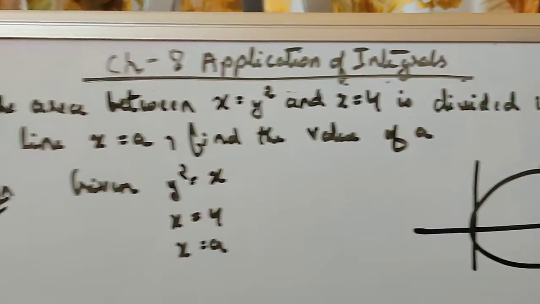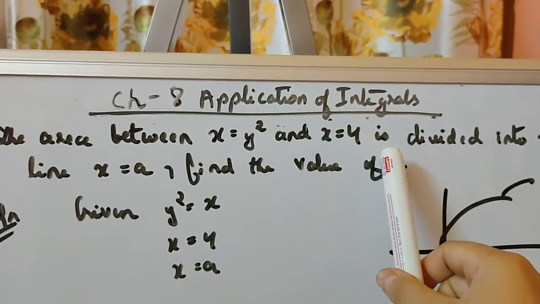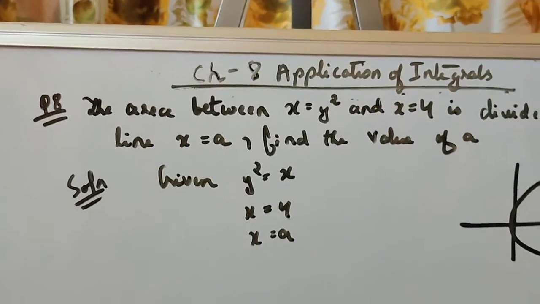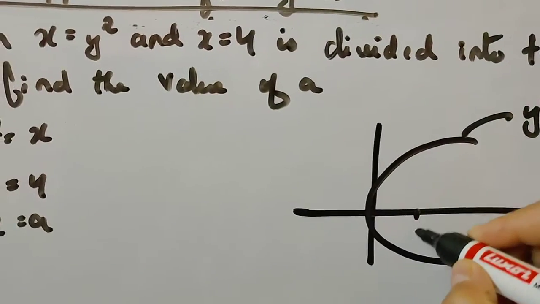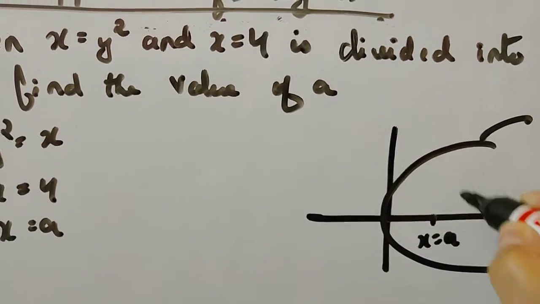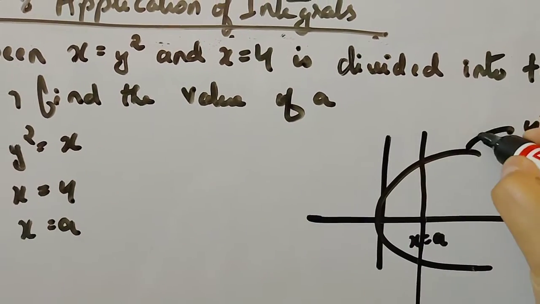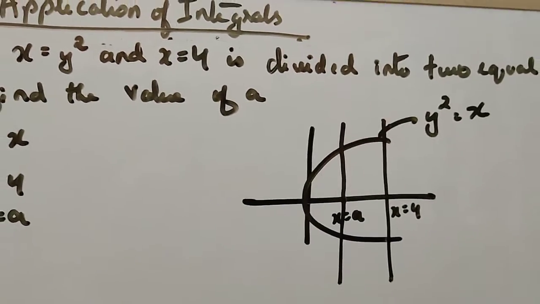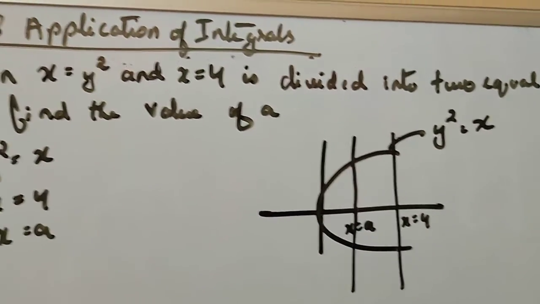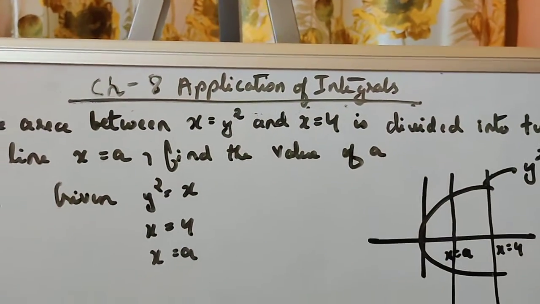And given that I have x equal to 4 and x equal to a. Say this line is your x equal to a, and suppose this line is my x equal to 4. You have to find the value of a.